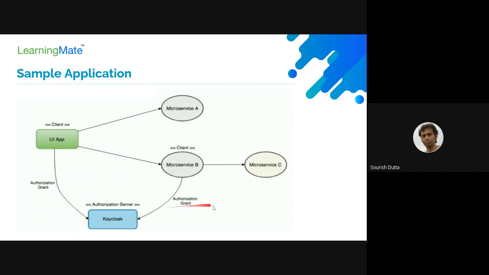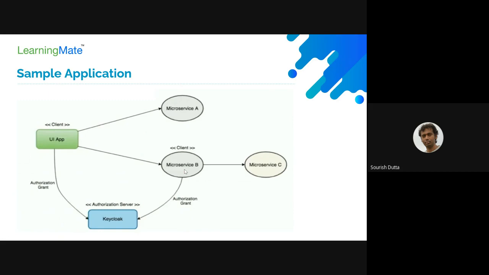Like here in the client exchange, what happened? This is the client for service B. It has a client ID and client secret. It exchanges that and gets a token. So what happened out here?